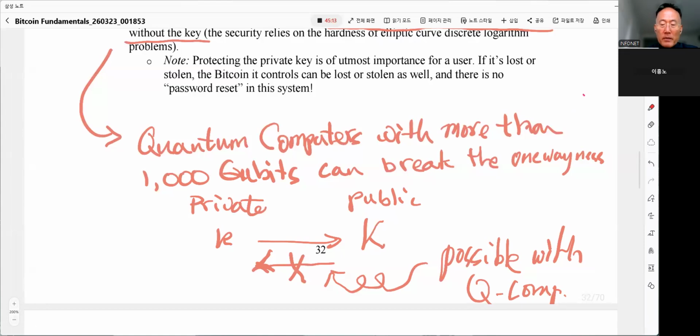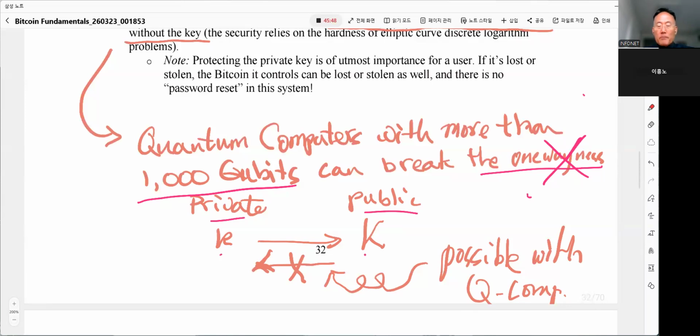So it can break the one-wayness of public key cryptography. This is broken if there are quantum computers with more than 1,000 qubits. So private key to public key, small to capital, this way is done easily, but the inverse is almost impossible, but it can be made possible with a quantum computer.